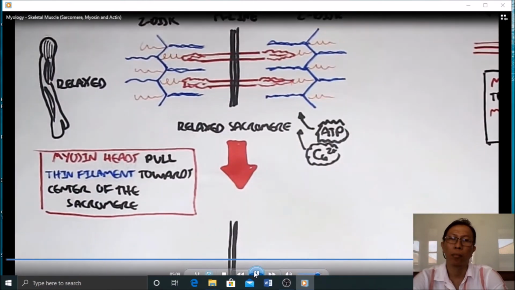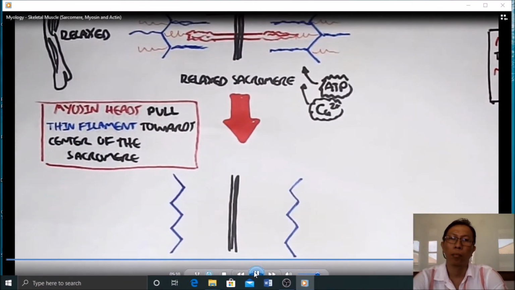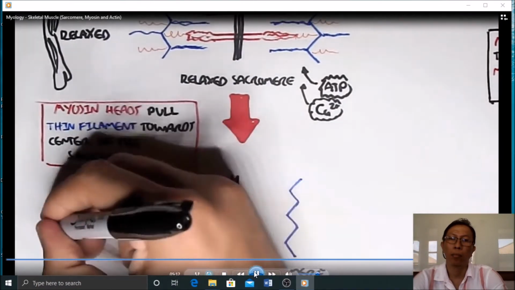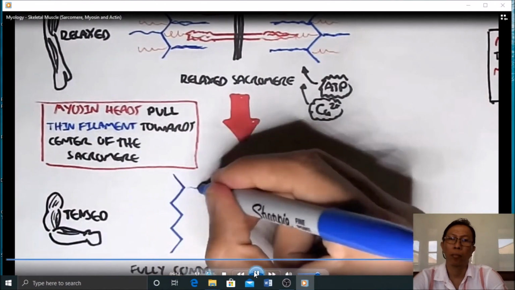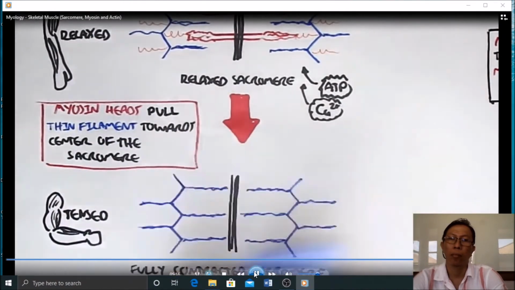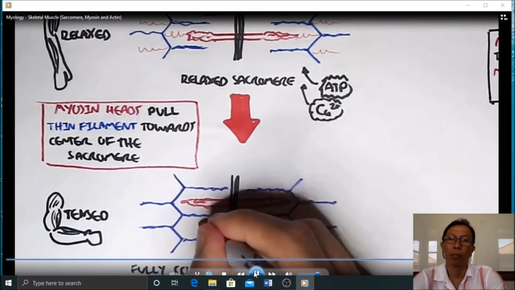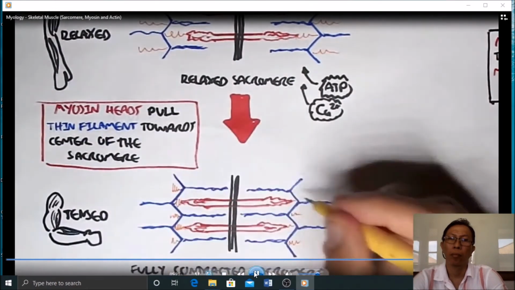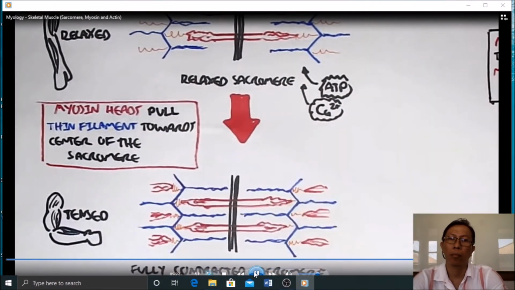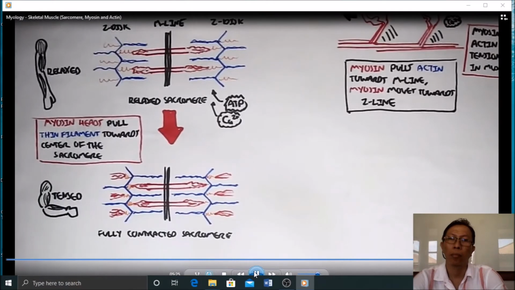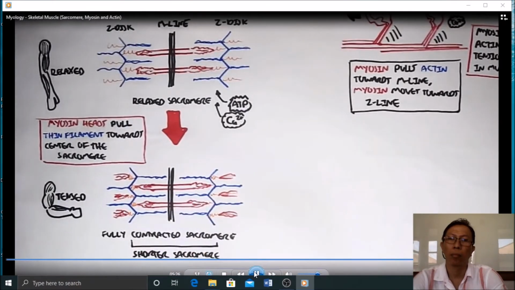So if you can imagine, here we have a fully contracted sarcomere, and this is in a tense state, let's just say. And so in a fully contracted sarcomere, the myosin heads will pull the thin filaments towards the center of the sarcomere, towards the M line. And so because of this, the sarcomere will become shorter.